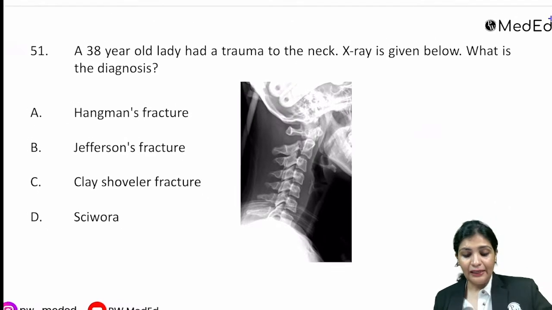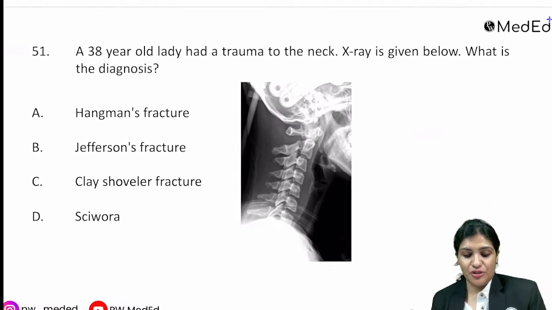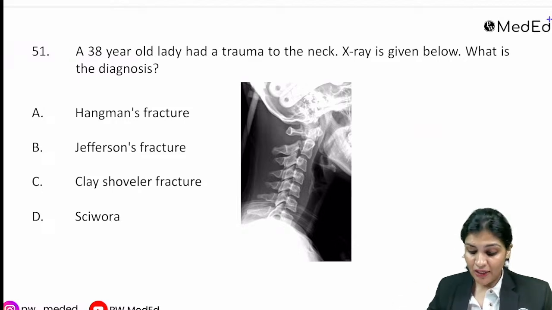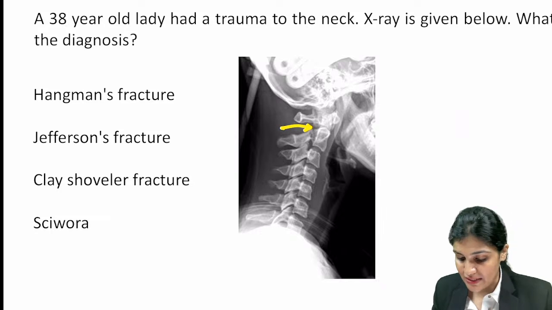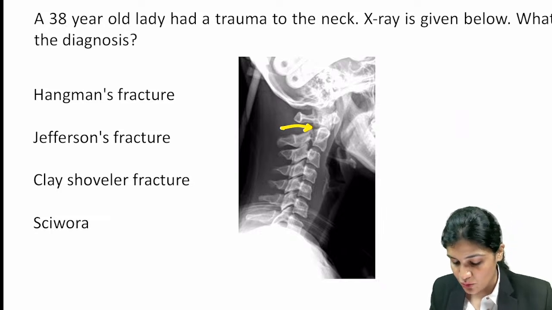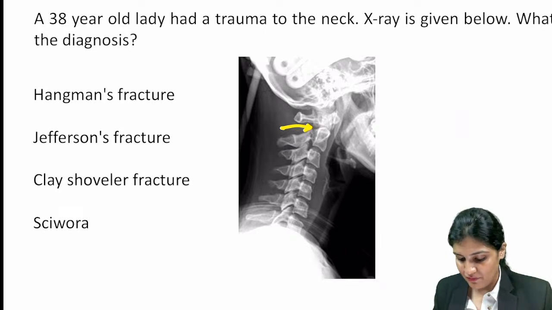So now let us see the next question. A 38-year-old lady had a trauma to the neck, and an x-ray is given below. What is the diagnosis? If you see in this particular x-ray, there is involvement of C2. So this is C1, this is C2, and this is C3, C4, C5, C6 and C7, right?